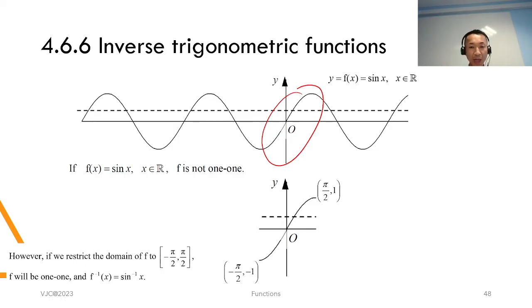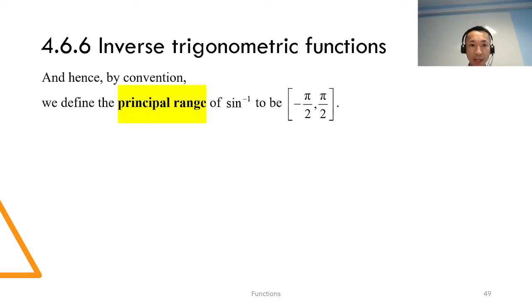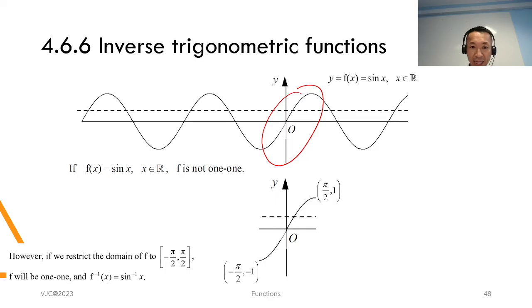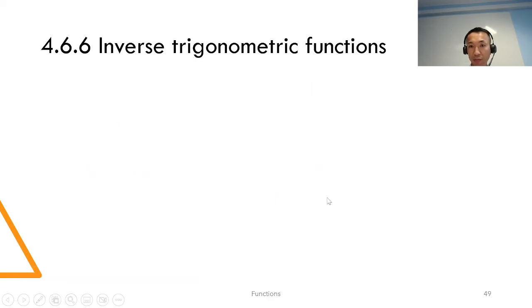So let's be clear, if we restrict from minus pi over 2 to pi over 2, f inverse then exists, which means sine inverse then exists. So by convention, we will define the principal range of f inverse to be from minus pi over 2 to pi over 2, meaning to say here, from minus pi over 2 to pi over 2.